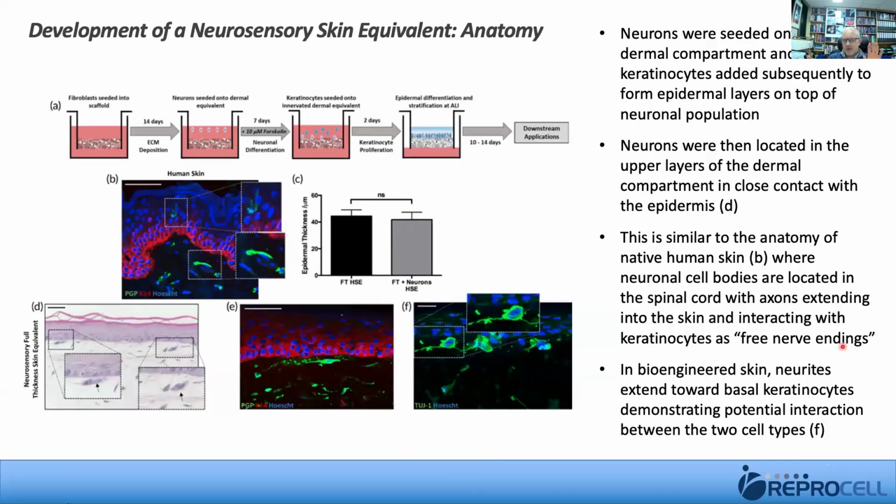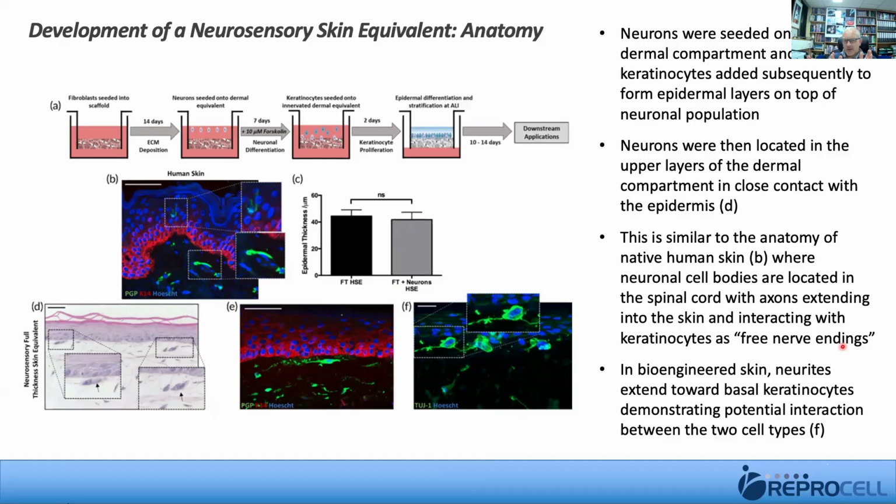In this example, we've got a neurosensory model where we've introduced neurons. This is important for products which may have or give a consumer a burning sensation when they are first applied, and the developers want to understand this process.